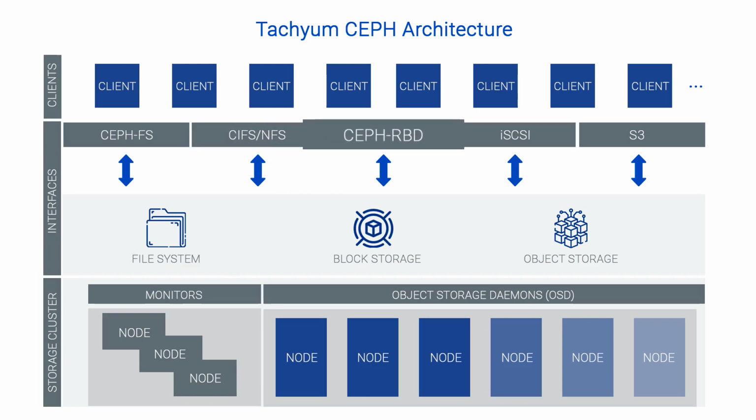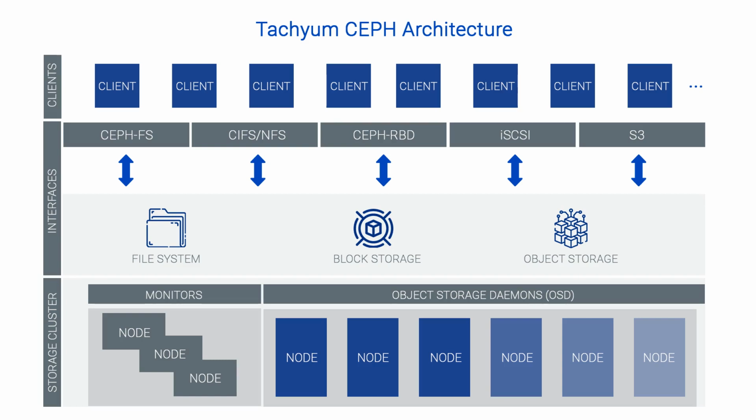Ceph block storage, or RBD, which stands for Rados block device, appears from the client's perspective as a block device that can be formatted and mounted locally. However, it cannot be mounted on multiple nodes at the same time, because you would need additional clustering to do that. Object storage can imitate the standard S3 protocol invented by AWS.